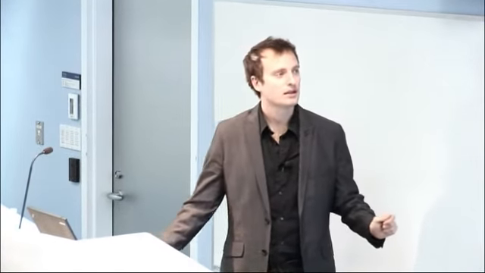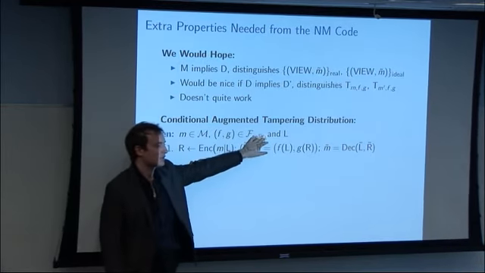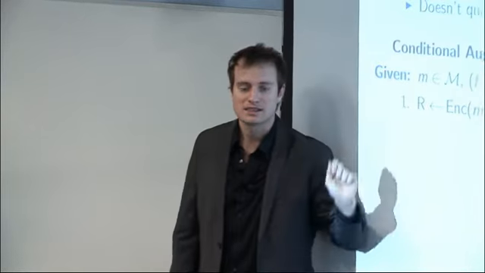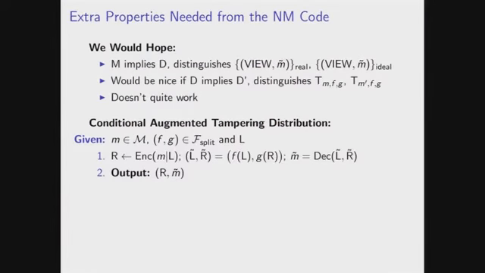In normal non-malleability, L is chosen honestly here. For us, it's always the same L that's being chosen and a fresh R is drawn, because L is chosen at the same time that the functions are defined. So you encode, and then you tamper, and then you decode, and you output. But you also output your right state.